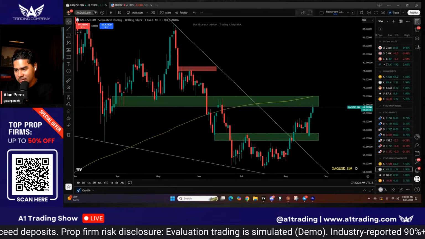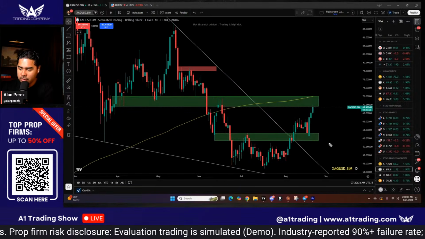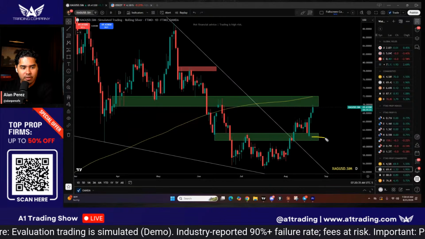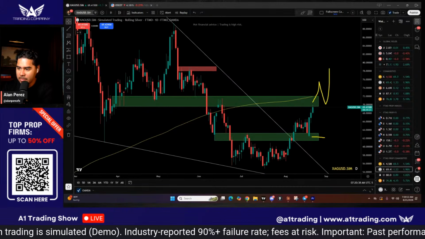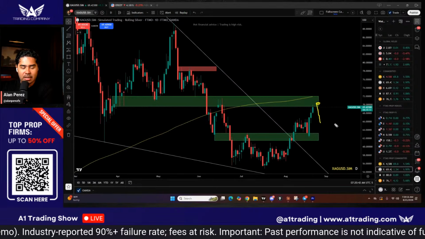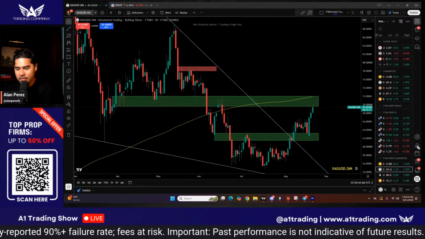Then you're stuck in a trade. So stick with the trend, stick with the momentum. If silver's to the upside, you either wait for a pullback or wait for a break and retest. But when you commit to something like this, you're going against the tide, and then you're just going to be frustrated, right?